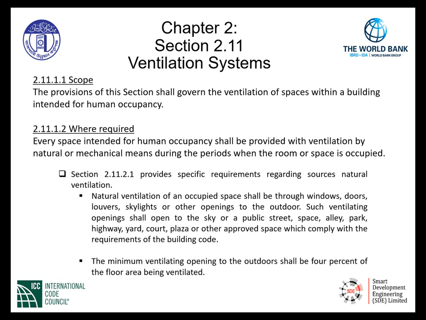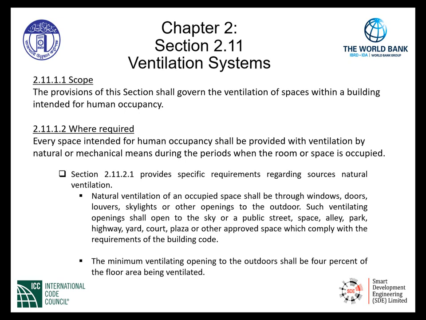As we further discover the requirements in this particular section, we move to section 2.11.2.1, and this provides specific requirements regarding sources of natural ventilation. Where can we take natural ventilation from? Natural ventilation of an occupied space shall be through windows, doors, louvers, skylights, or other openings to the outdoors.